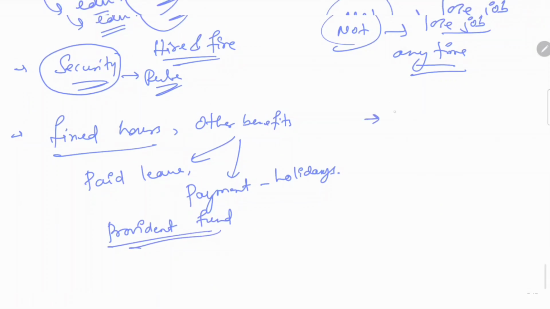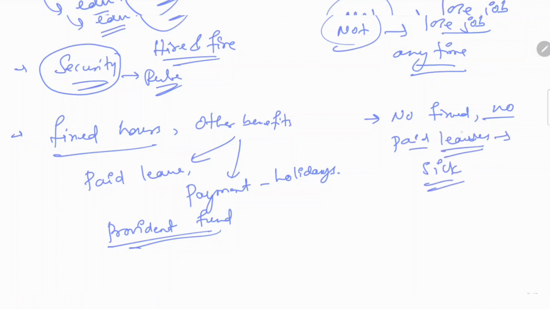But in the unorganized sector there will be no fixed time, and also there will be no paid leaves. Paid leaves will not be there even if the employee falls sick. They need not give the payment on such days. So such sectors are known as the unorganized sector.